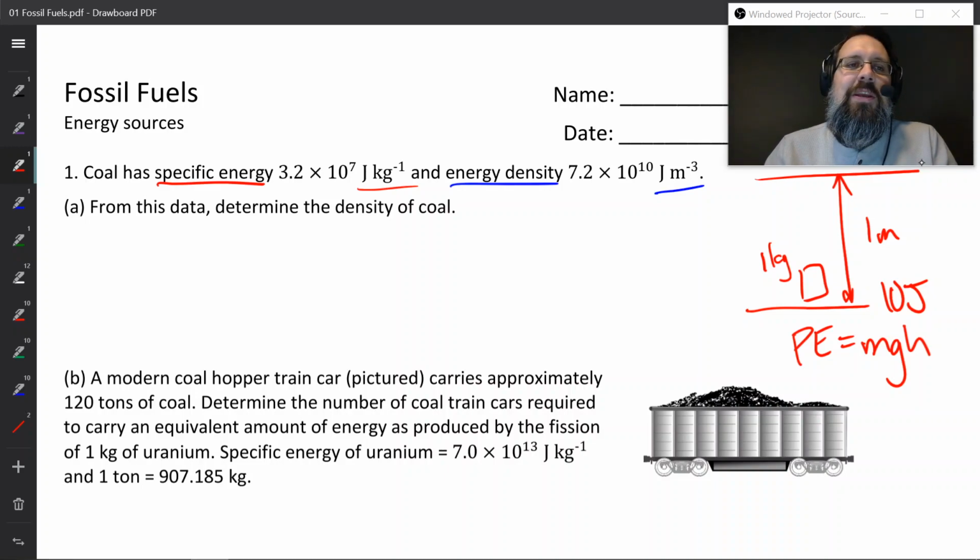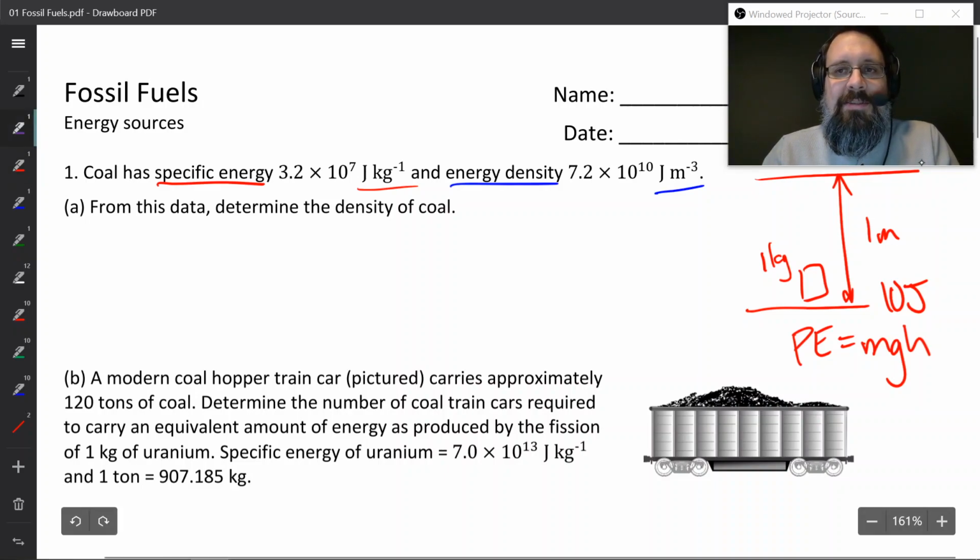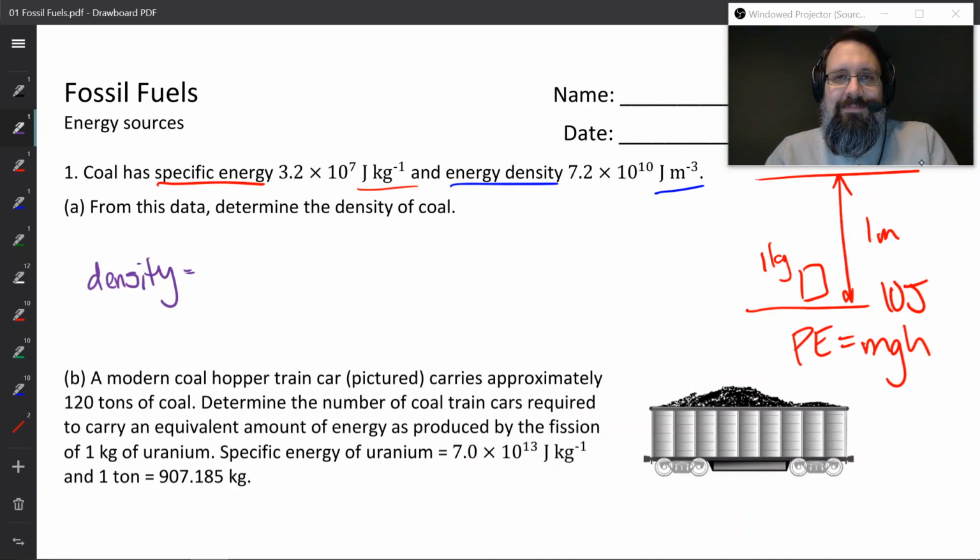All right, so what we want to do here is determine the density of coal. So how many of you guys know the equation to calculate density? Is it density equals mass over volume?